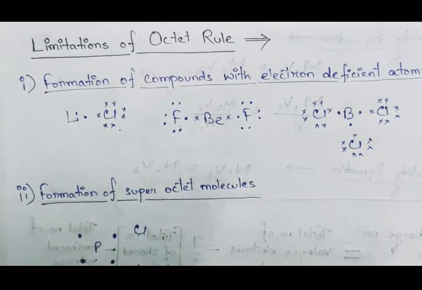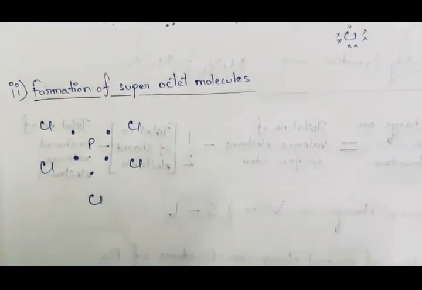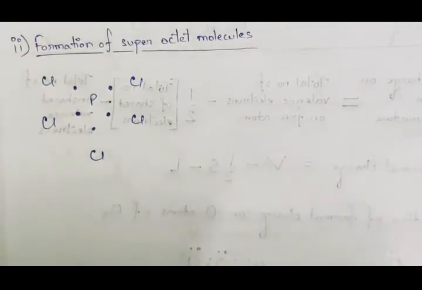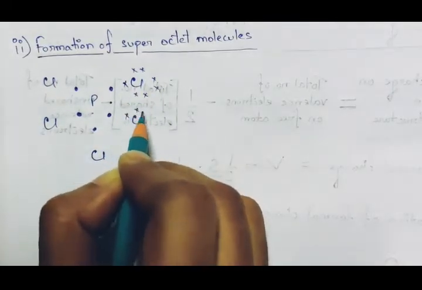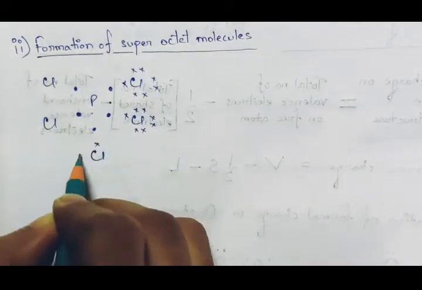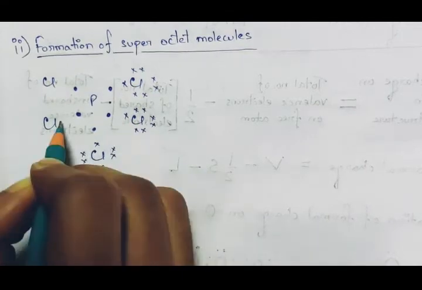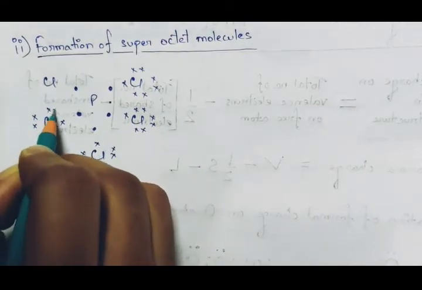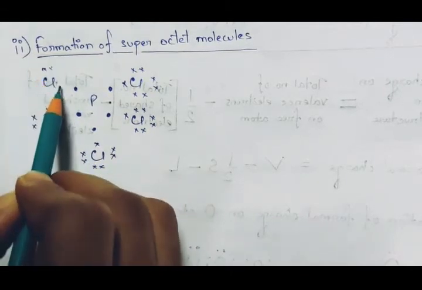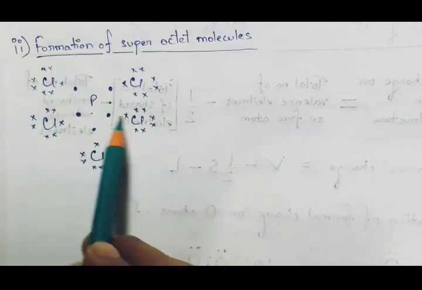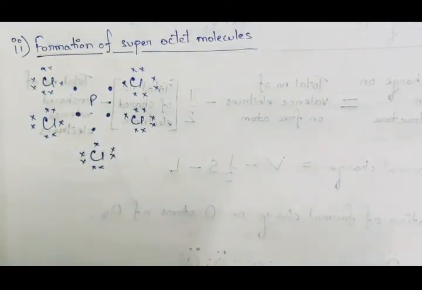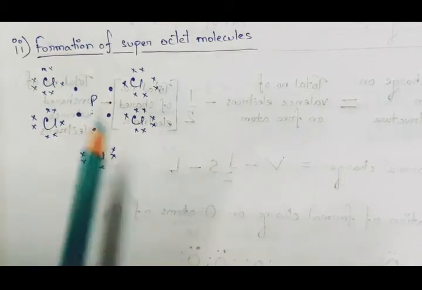And the rest of the chlorines are here. So here you can see 1, 2, 3, 4, 5, 6, 7, 8, 9, 10. 10 electrons are there in the valence shell of phosphorus, which is impossible, right?